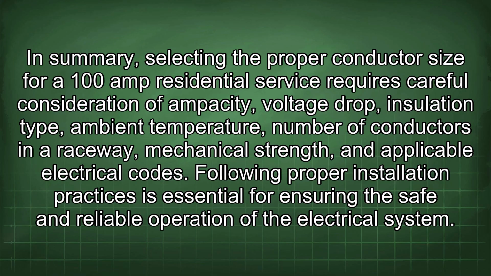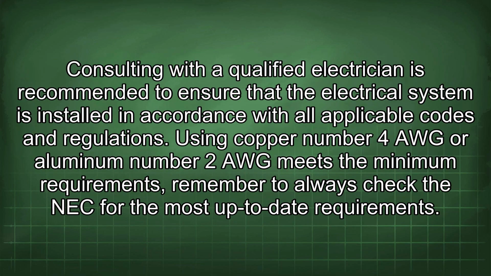Following proper installation practices is essential for ensuring the safe and reliable operation of the electrical system. Consulting with a qualified electrician is recommended to ensure that the electrical system is installed in accordance with all applicable codes and regulations. Using copper number 4 AWG or aluminum number 2 AWG meets the minimum requirements. Remember to always check the NEC for the most up-to-date requirements.